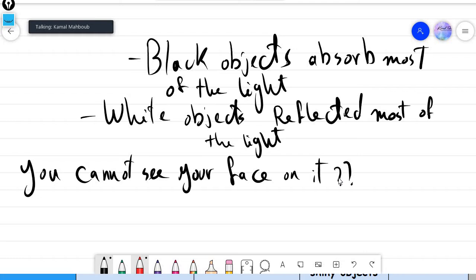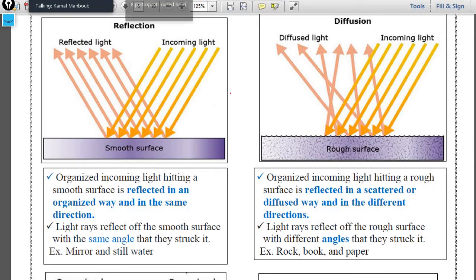This object reflects most of the light, like a mirror. Mirror also reflects most of the light. Why can you see yourself in a mirror but not in the white objects? Anyone? What's the difference between reflection and diffusion?